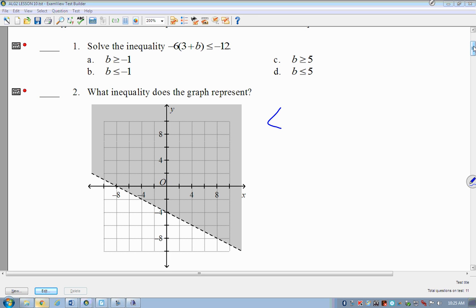A dotted line looks like that and is less than or greater than. A solid line is what? Okay, so we're aware of that. So this next part, we know that it's going to be a less than or equal to.